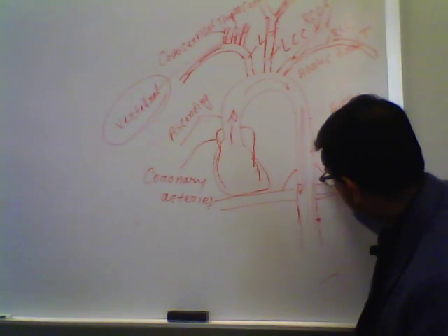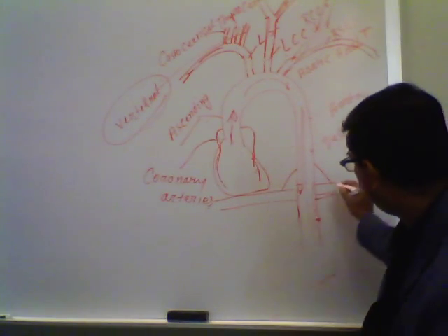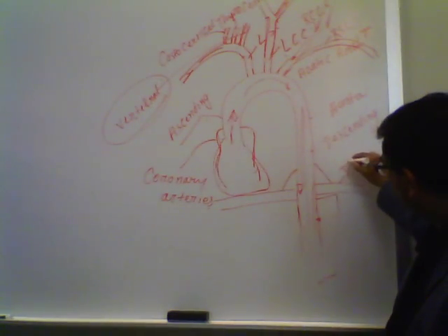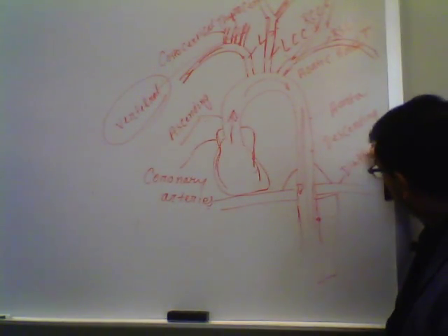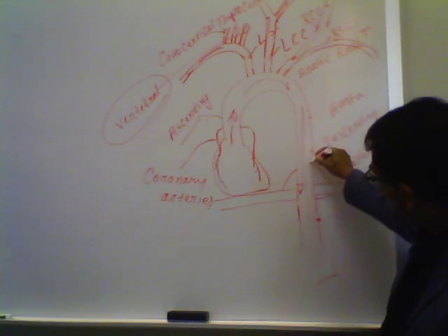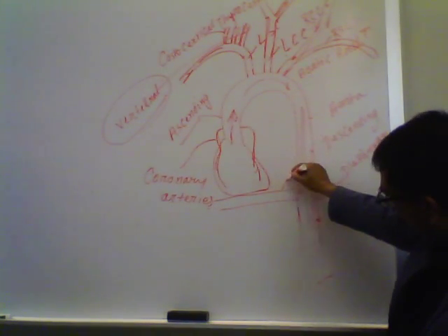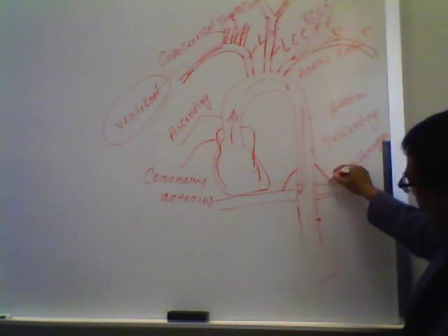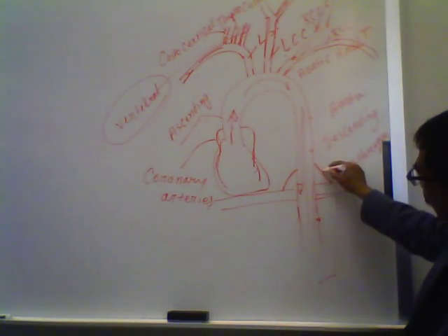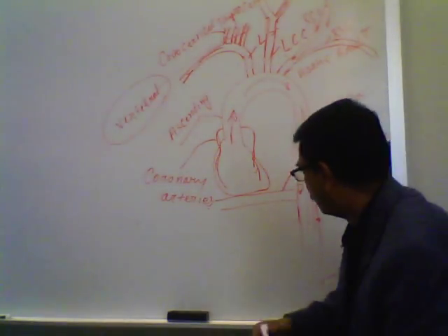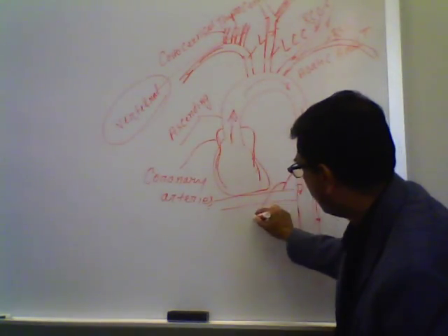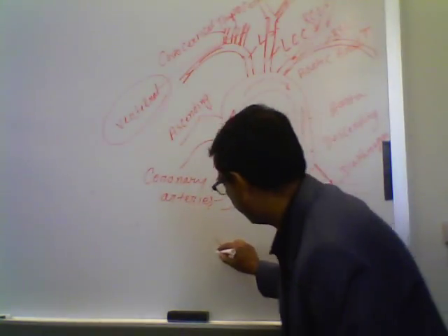Those go to the diaphragm. You know, this is the diaphragm. We have talked about that. Arteries from the descending aorta go to the diaphragm, and these arteries are called phrenic arteries. Remember, the diaphragm is called phrenic.